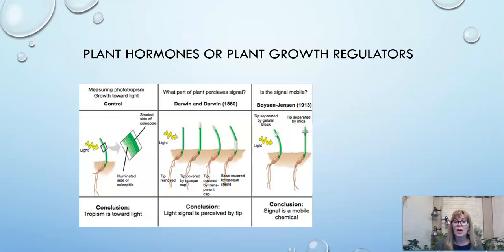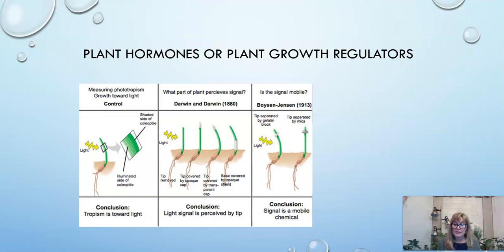Then they took and covered it in the next one with an opaque cap so that light could not get through. Then the next one, they covered it, but it was with a transparent cap so that light could get through. And then they took the base of it and covered it with an opaque shield so that light couldn't get to that area.